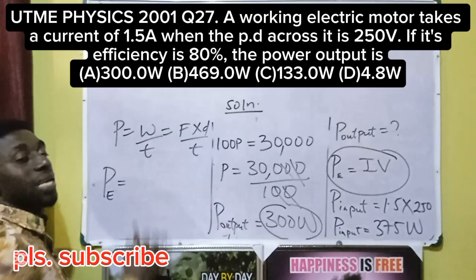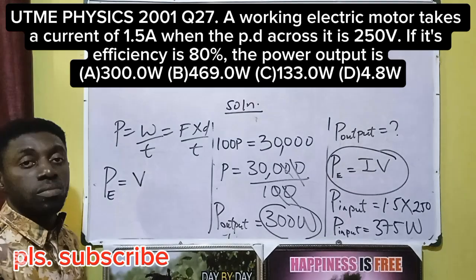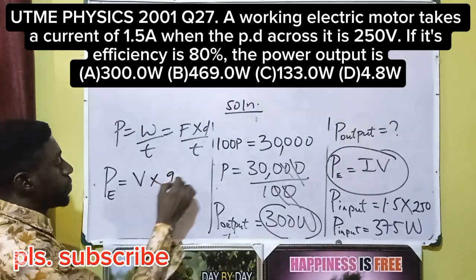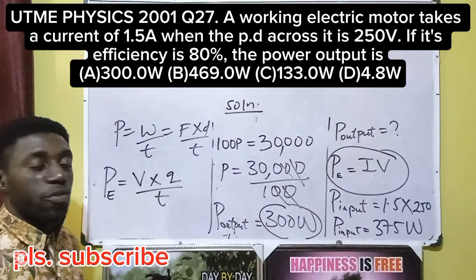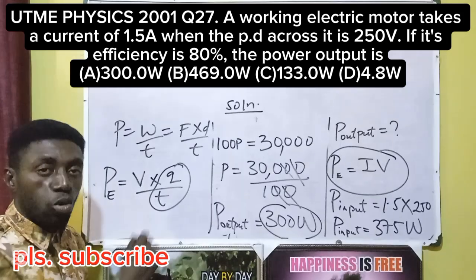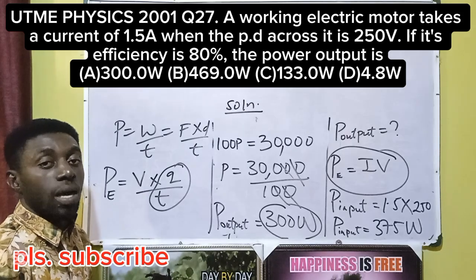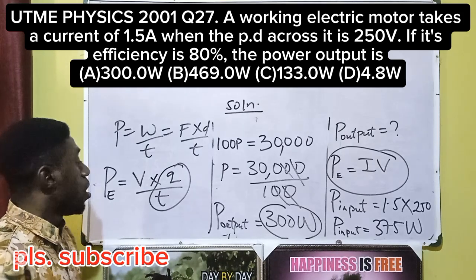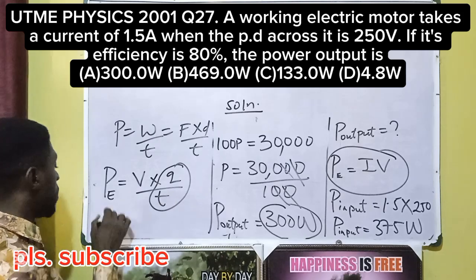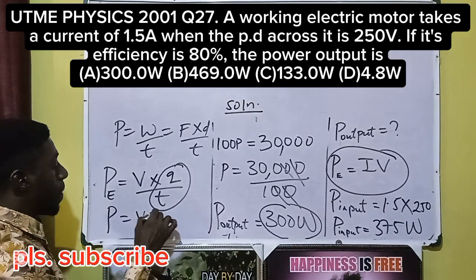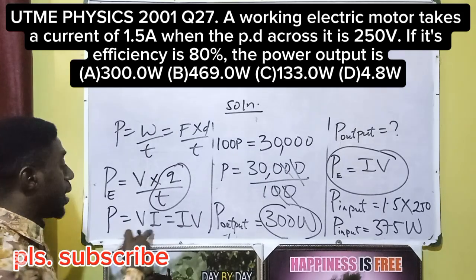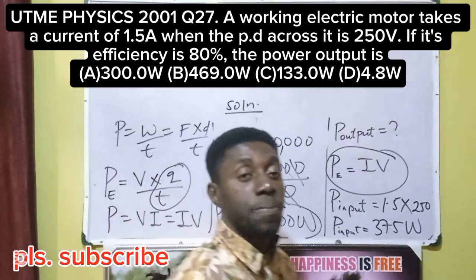The force in the electrical world is voltage. What covers distance in the electrical world is charge. Everything over time. Time is the same everywhere. Then observe, Q over T. Q over T is the definition for something. And what could that be? Current. Current is the flow of charges with respect to what? Time. Therefore, P is equal to VI, or IV. This is how the formula was derived.